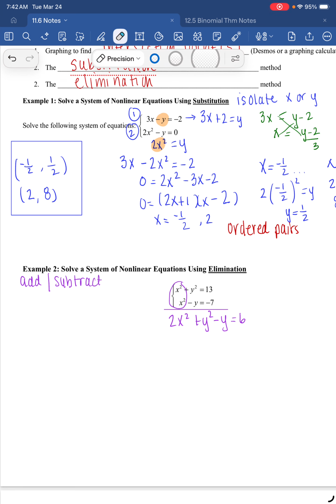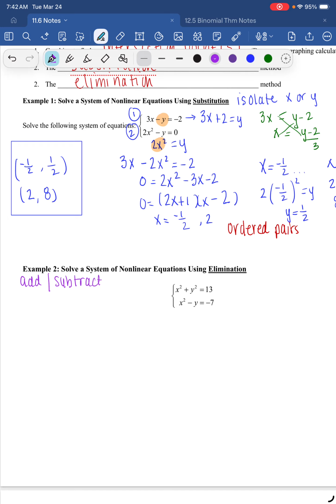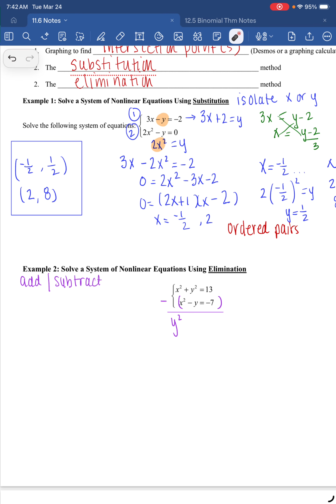Okay, so let's try subtracting instead. Be careful when you subtract. I highly recommend using parentheses. When you subtract, x squared minus x squared is 0. Fantastic, I've eliminated x. And then I'm going to get y squared minus negative y.